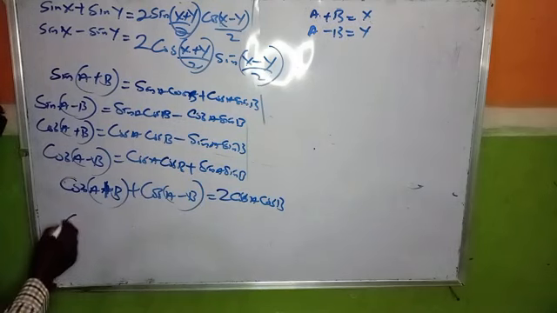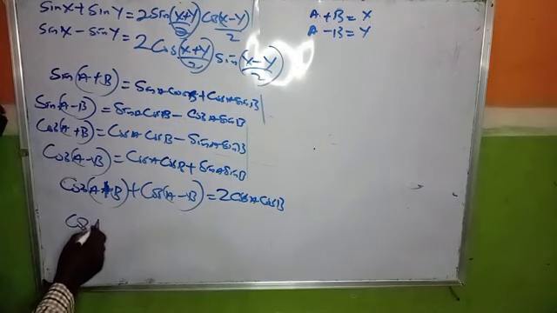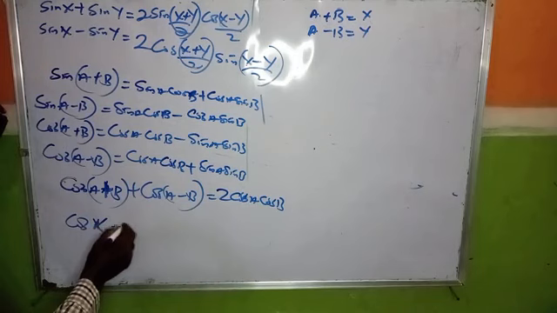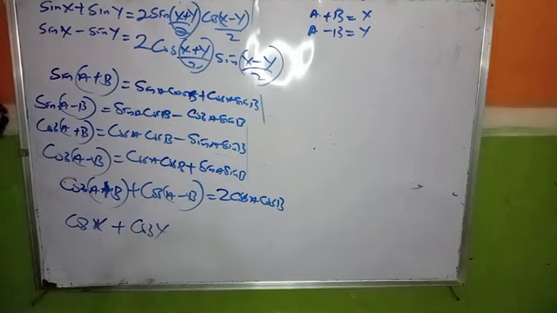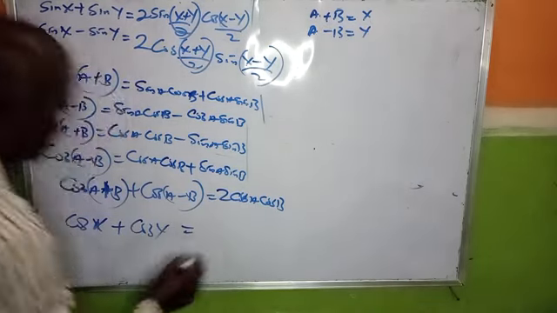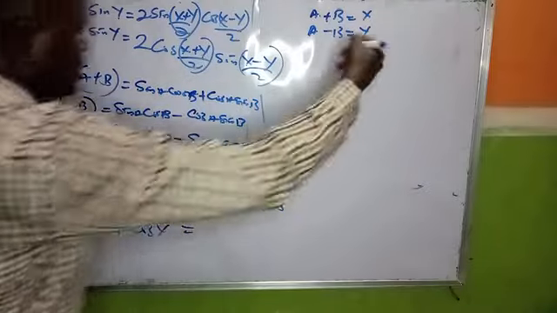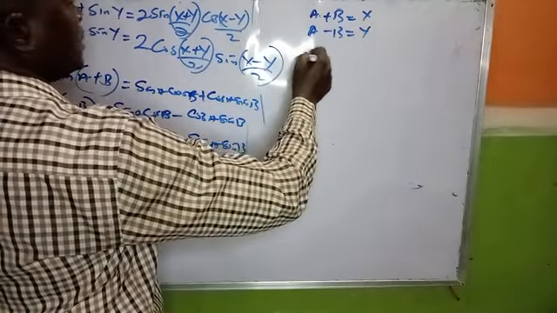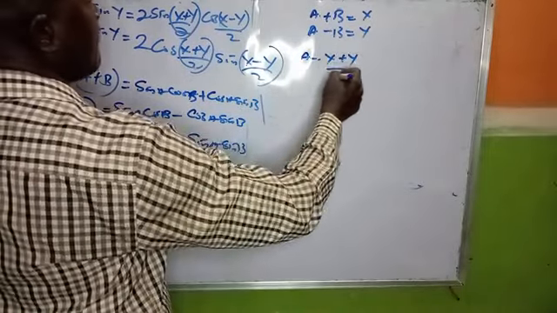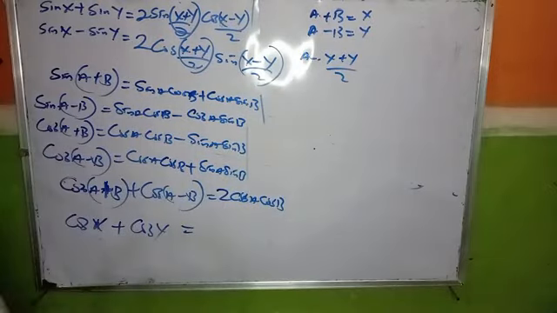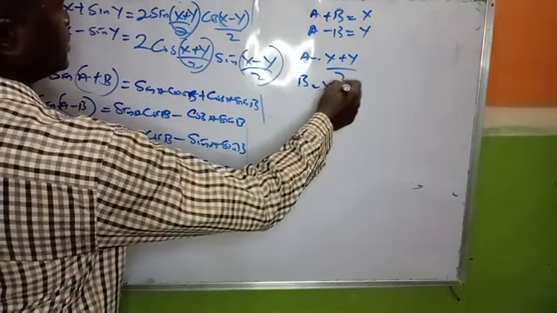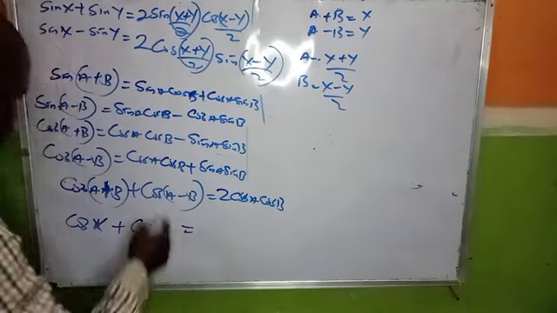So here we give cos x plus cos y. So for this a, when we express it the other time, we get a as x plus y over 2, and then b as x minus y over 2. So you replace it.